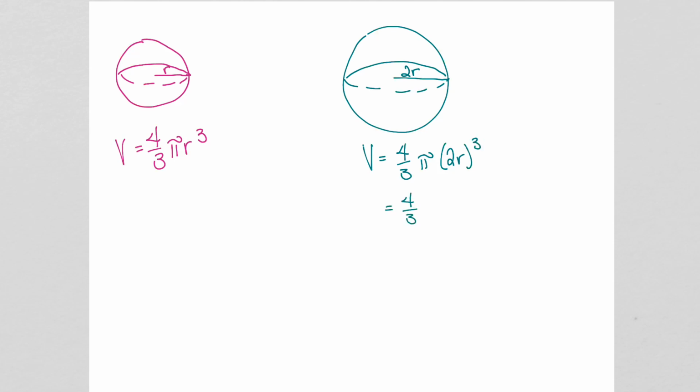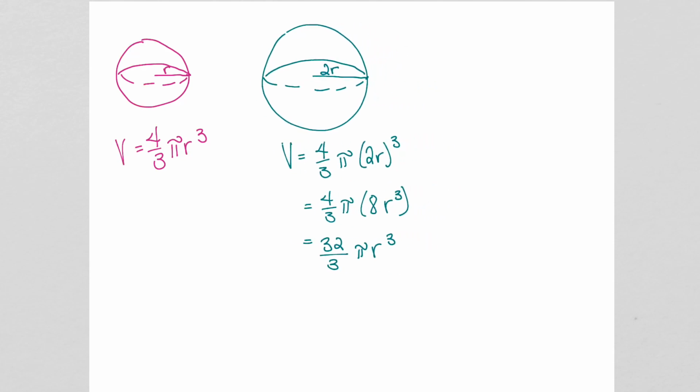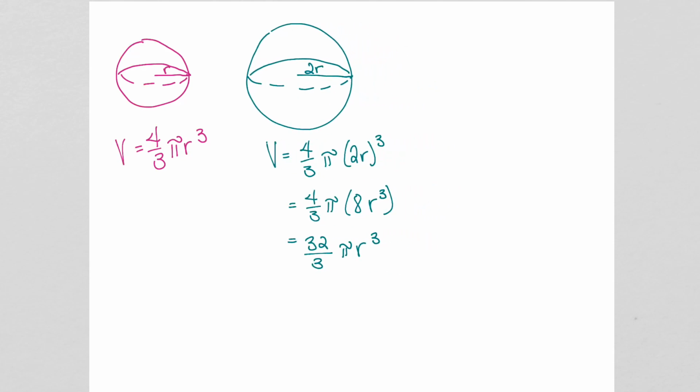So that's 4/3 pi times 8r cubed, or 32/3 pi r cubed. So the question is, will the second one be 5 times the volume of the first?